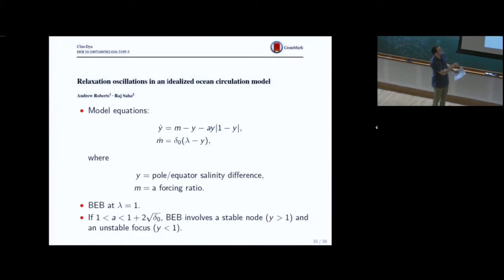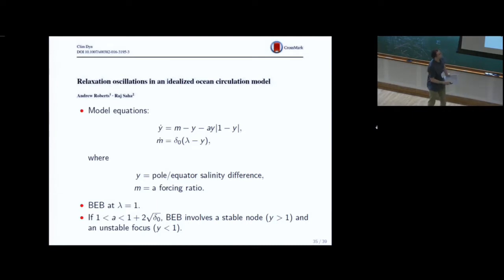If you put lambda equals 1 and try to solve for equilibria, you get y equals 1, and y equals 1 is where the absolute value is 0. That's where the absolute value function has its kink.